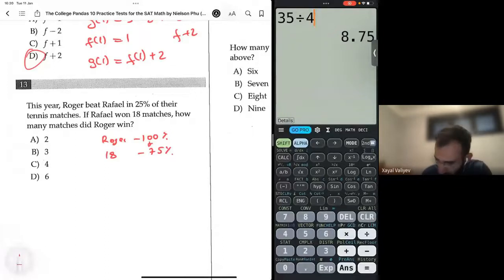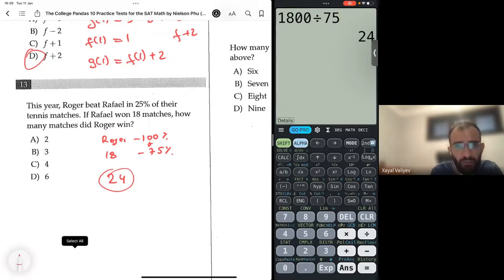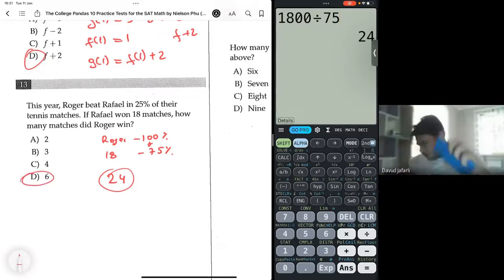If I do it like that, let me just see what is going to happen. 1800 divided by 75, okay, 24. That means Roger won 24 matches, which is 6 more, right? The answer is going to be D, right? Can we just explain?